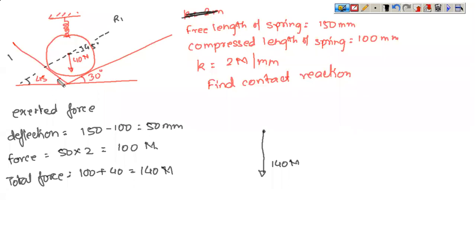So this angle was 45, so this is also 45. It will be perpendicular to the direction of the plane. So if it is perpendicular to the direction of the plane, this angle will be 45. So you have reaction 1 and this angle is 45.